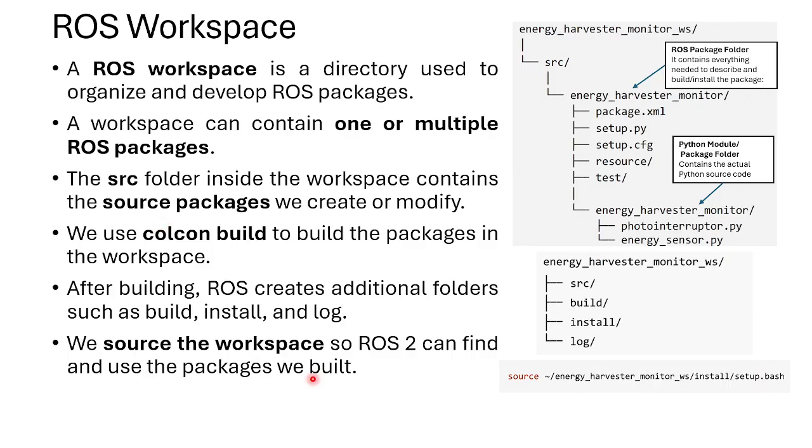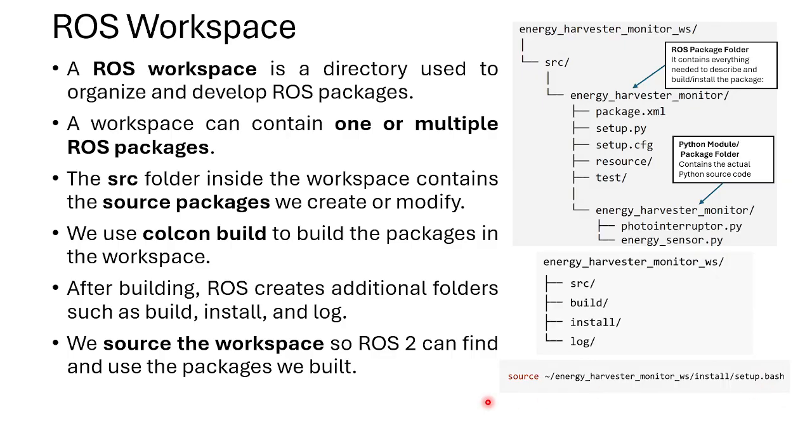And eventually we'll have to execute the source command, writing the path towards the setup file. That will introduce ROS to the package, and this is good to go for operation.